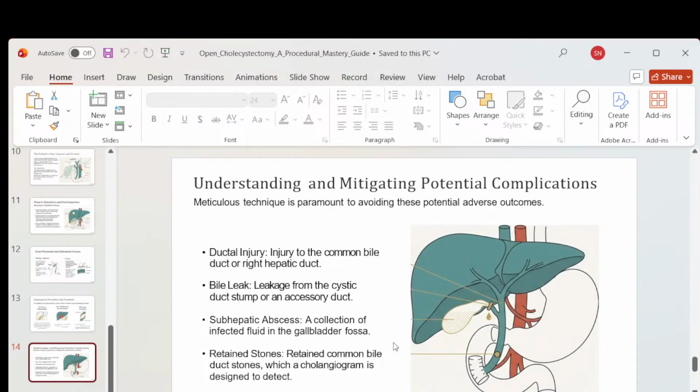Understanding and mitigating potential complications. Meticulous technique is paramount to avoiding these potential adverse outcomes.